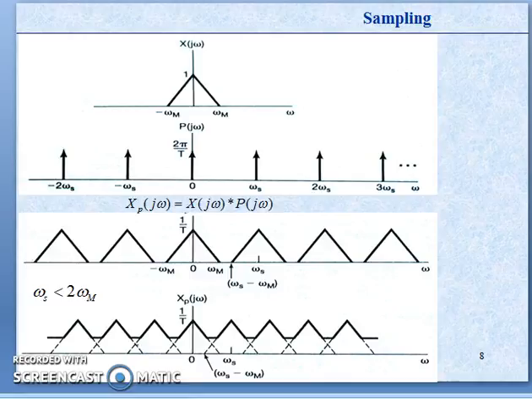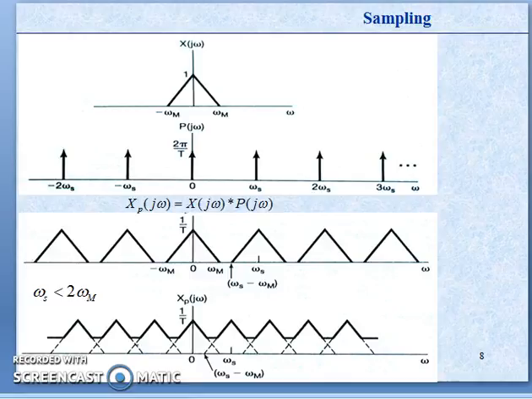I have considered an analog signal band limited to omega m radians, meaning existing from 0 to omega m. The second function, the impulse function in the frequency domain, has non-zero values at 0, plus or minus n omega s, where omega s is the sampling frequency in units of radians per second. Now I want to convolve these two, that is X of j omega convolved with P of j omega.